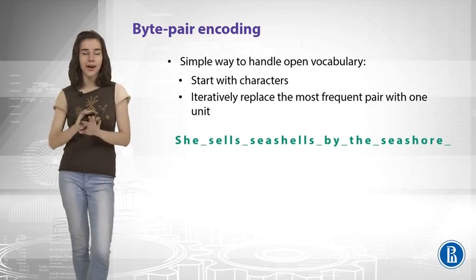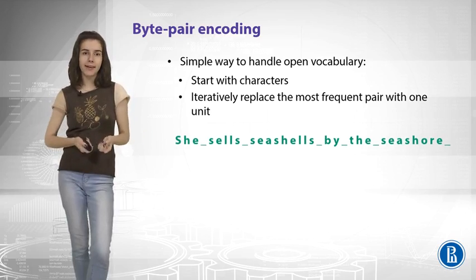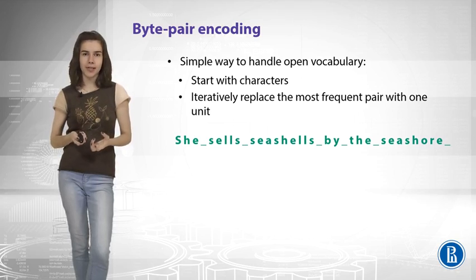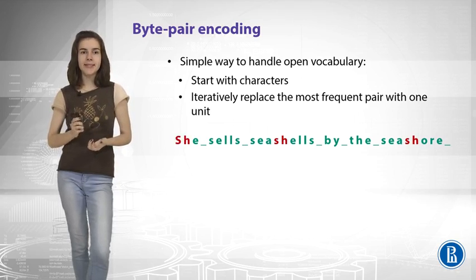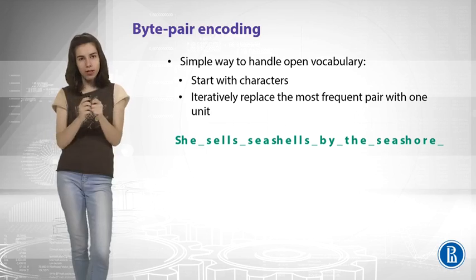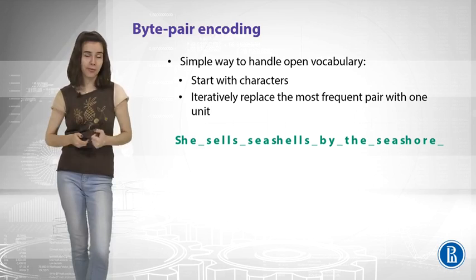So you start with characters. Everything is split into single characters. Then you say, okay, what are the most popular bigrams of my letters here? Well, I see that SH happens 3 times. So maybe I should collapse them into just one unit. And you do this, and you have some other vocabulary right now.